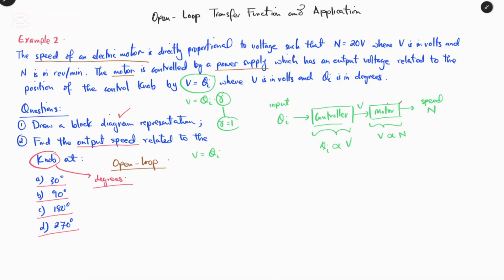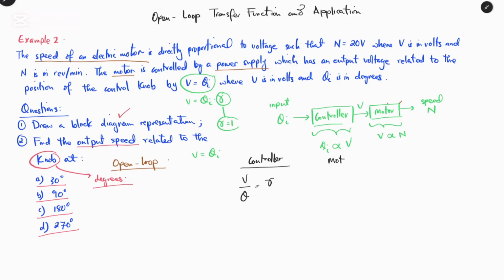And to derive such equation, we are now going to look at the gain of each of these subsystems, such as the controller and the motor. The controller, the transfer function can be V over theta, which is equal to sigma.